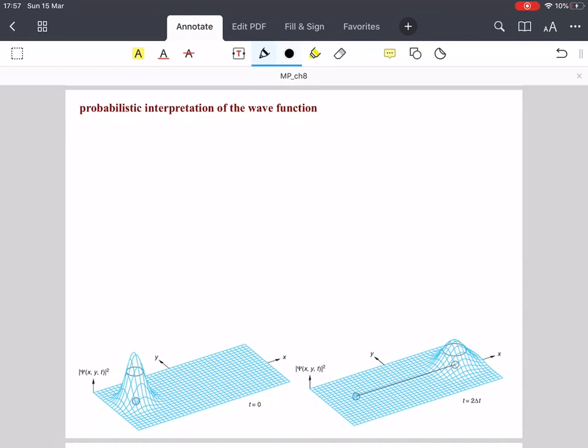The modern interpretation, which pretty much all interpretations of quantum mechanics agree on, comes from Max Born, and it came quite soon after, only really months after Schrödinger's work in 1926.